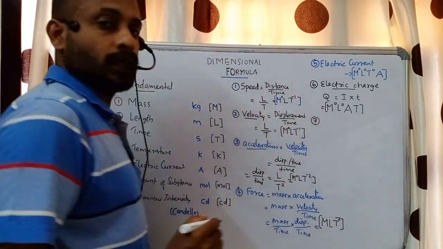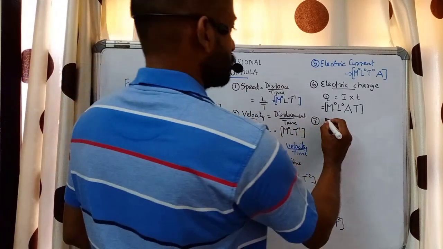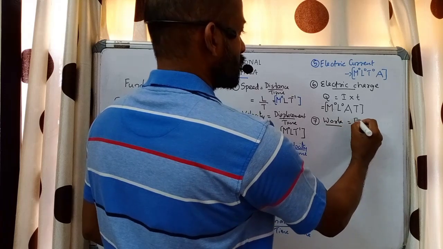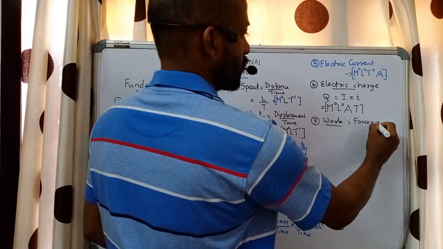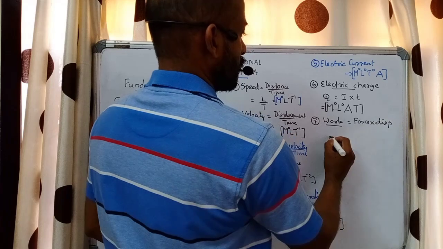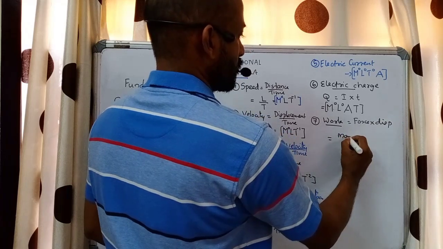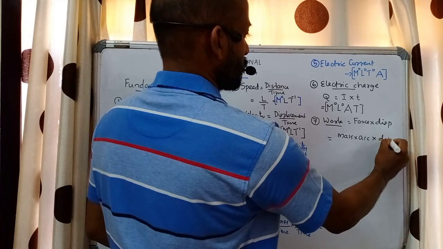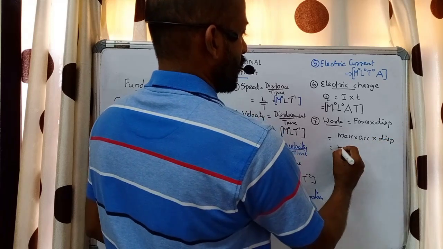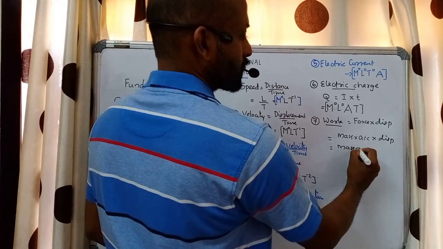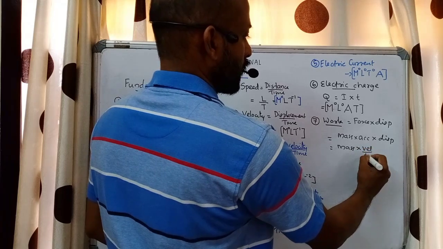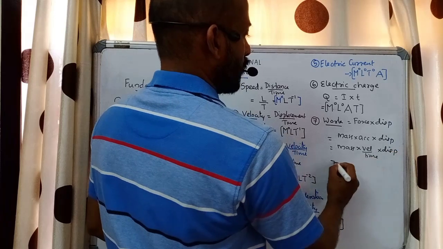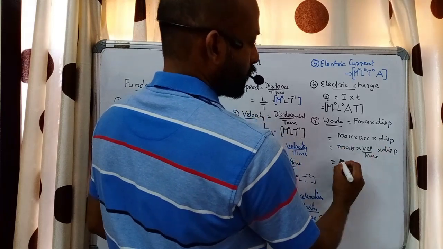Next we can write work. Dimension formula of work. We know that work is equal to force into displacement. Force is equal to mass into acceleration. Then into displacement. Now again we can split the equation. What is acceleration? Velocity by time into displacement. Now I will take mass, displacement, time together.